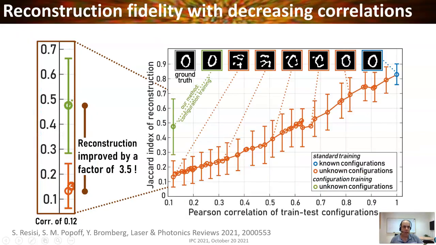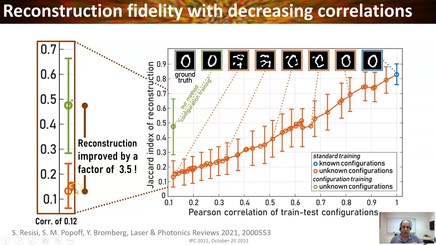Now we can go back to this graph, and by averaging the Jaccard index we get for the test patterns, we see that the reconstruction produced by our method, again the configuration training method, resembles the ground truth quite well, as depicted in this example for the 0 digit, while before it didn't really work.